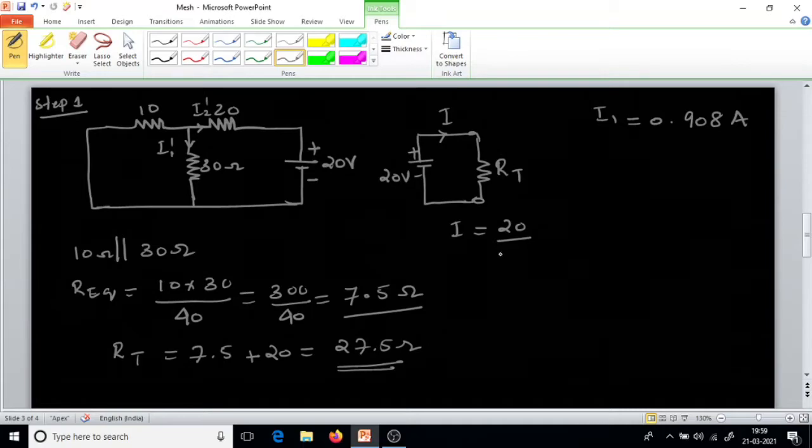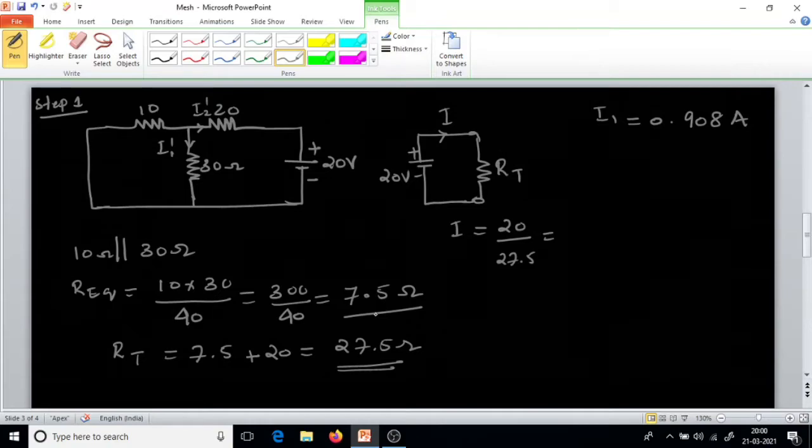RT we got, that is 27.5, so I equals 20 upon 27.5.